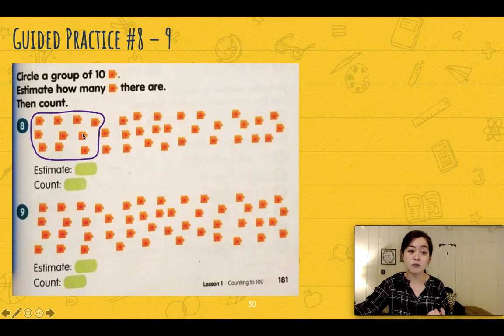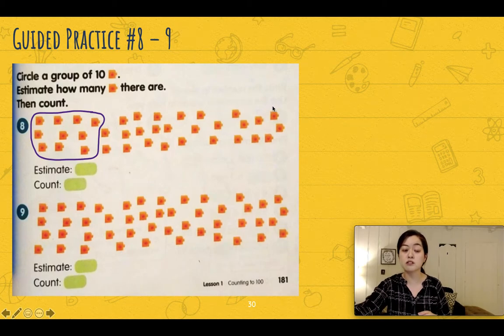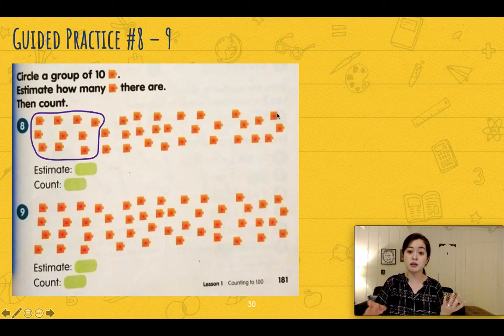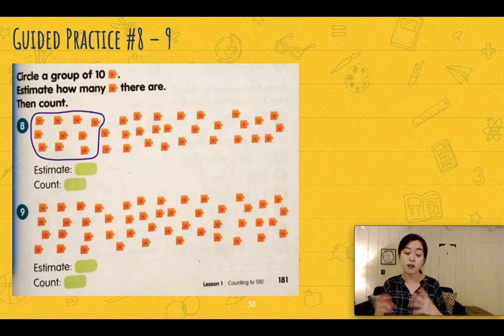Maybe you just counted 1, 2, 3, 4 of the circles, and you thought, oh, I'm going to estimate it to be about 40. Or maybe you counted 3 circles, 1, 2, 3, and you estimated it to be about 30. Answers can vary. They could be different because, again, it's an estimation. It's not the actual answer.